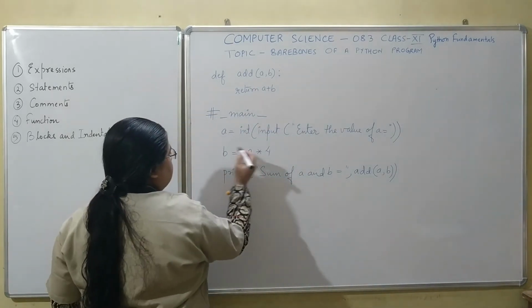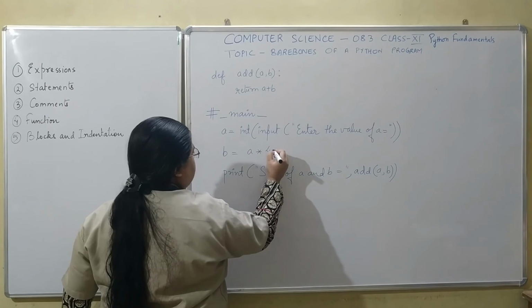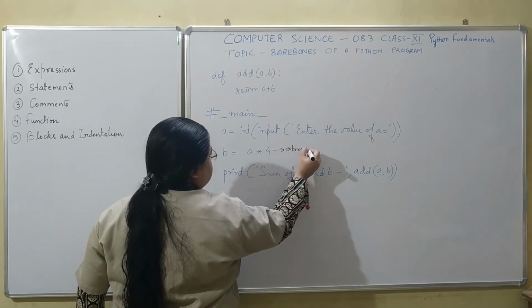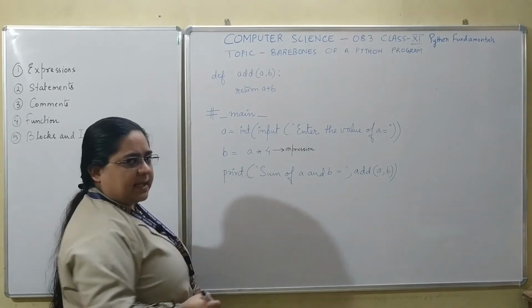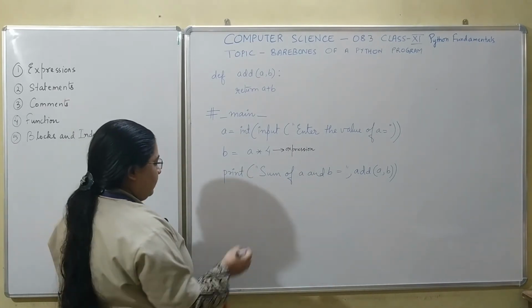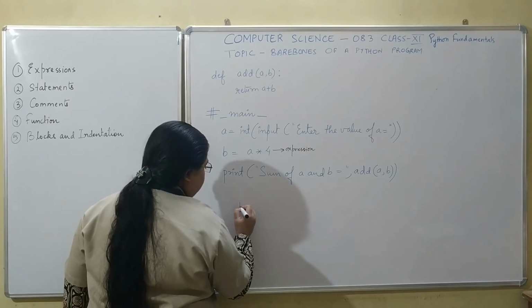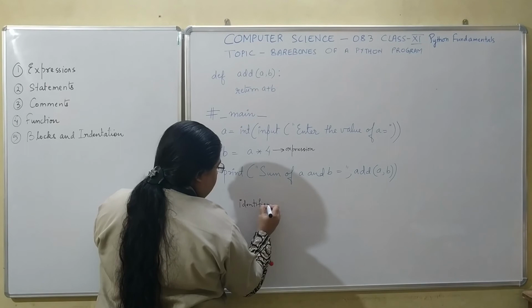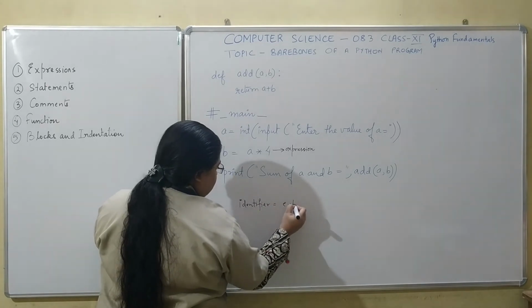So this is an example of an expression. A Python expression could consist of an L value, which would be an identifier as I had explained, and your right side could be an expression.